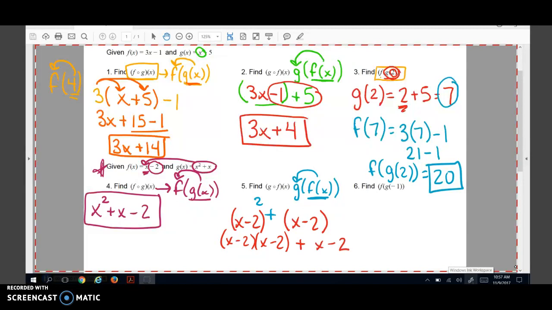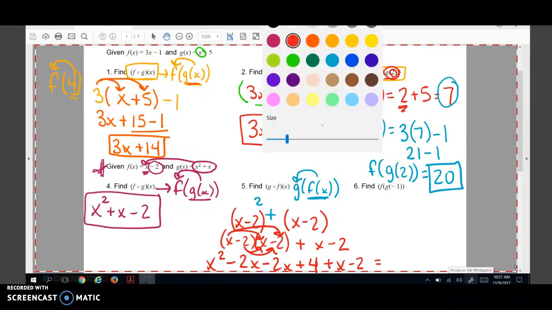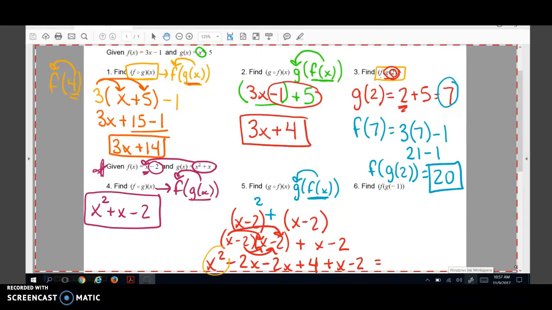Now we need to simplify this, and we're going to do it by first distributing. First term to first term gets me x squared. First term to second term gets me minus 2x. Second term to first term, minus 2x. And then last term to last term gets me a plus 4. And again, I still have this plus x minus 2. Now combining like terms, we have our x squared.